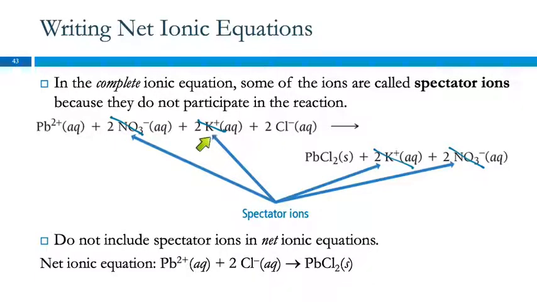Chloride brought potassium. Maybe she could have brought ammonium or lithium or sodium. It wouldn't matter. When lead and chloride saw each other, they would form a solid. They're going to be attracted to each other and get into this chemical relationship, right? Regardless of who else is at the party.